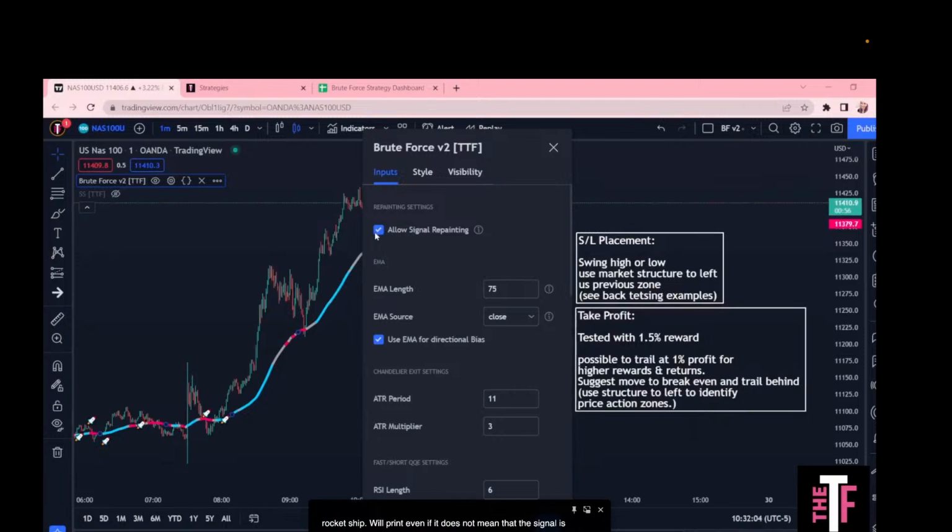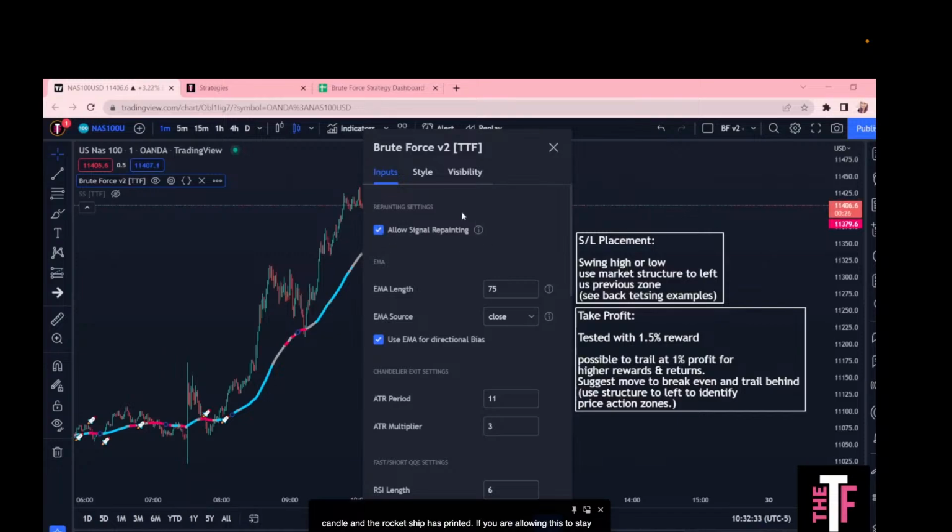It will print if the market conditions at the time the candle is forming are all in alignment with the coding criteria. But you need to wait for candle close to make sure that the rocket ship is sticking there. If it does not stick, that means that it was never a true signal. So be sure that you are only entering into trades at close of candle and the rocket ship has printed, if you are allowing this to stay on.